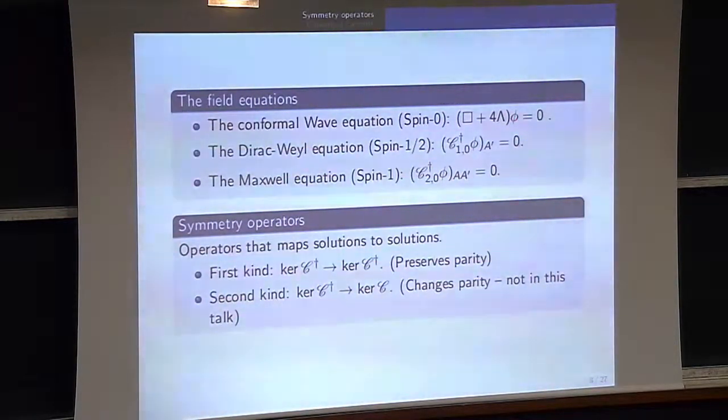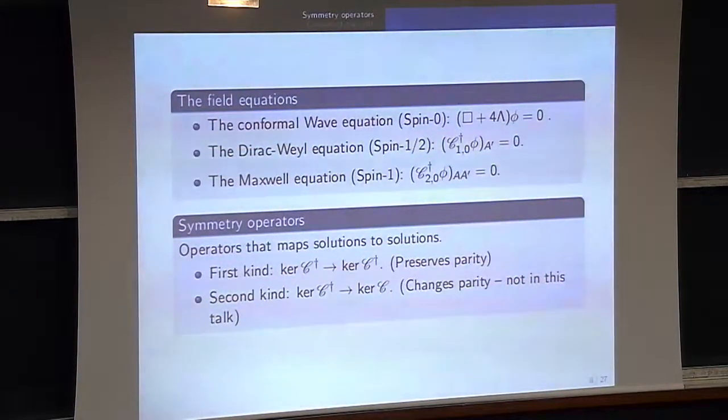Well, this is quite familiar in the standard form. The special thing here is that if you take a complex conjugate of, for instance, the Maxwell equation, then you just get curl-dagger of curl of phi bar. So these equations actually come in complex conjugated pairs.